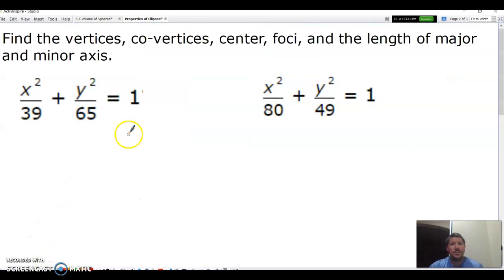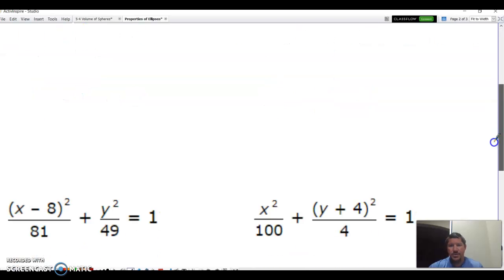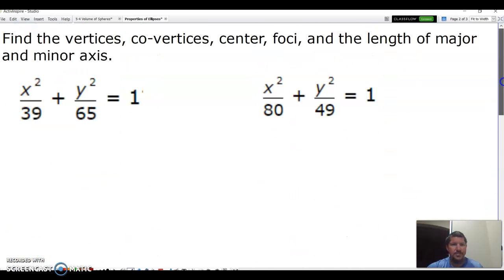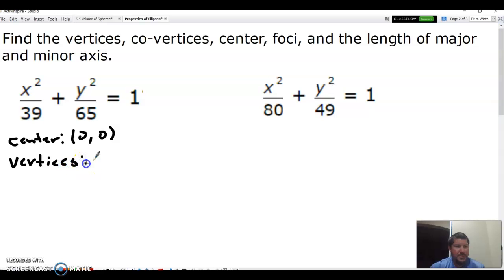Alright, moving on. So now we have some equations that we'll go through. Whenever you see x squared, y squared, that means that the center is 0, 0. Remember, the vertices is distance of A from the center. So 65 is my A squared.